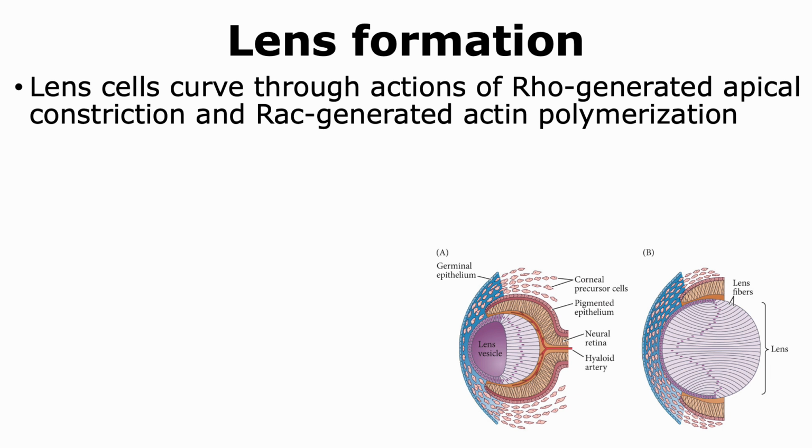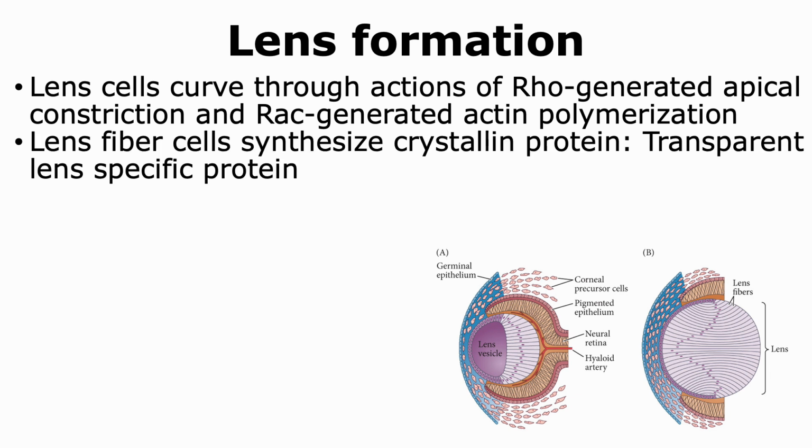For proper eye formation, the lens cells have to curve, and they curve properly through the actions of Rho-generated apical constriction and Rac-generated actin polymerization. Thus, the cytoskeletal proteins play an important role in defining the shape of the lens cells.